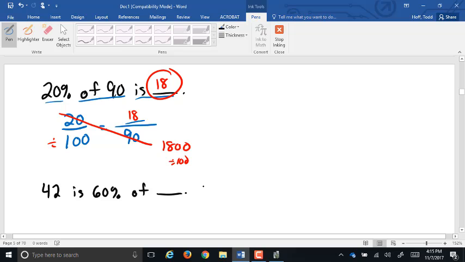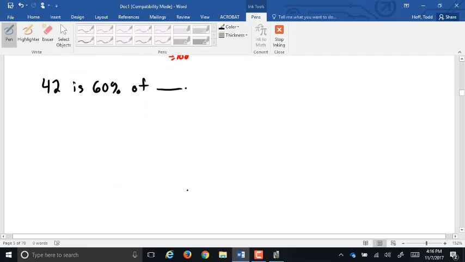So this one here is slightly different. 42 is 60% of blank. Well, I have the 60%, so I'm going to start out with 60 over 100. Does the 42 go on top or bottom? Top. 42 is 60%. Implies that 42 matches up with the 60.